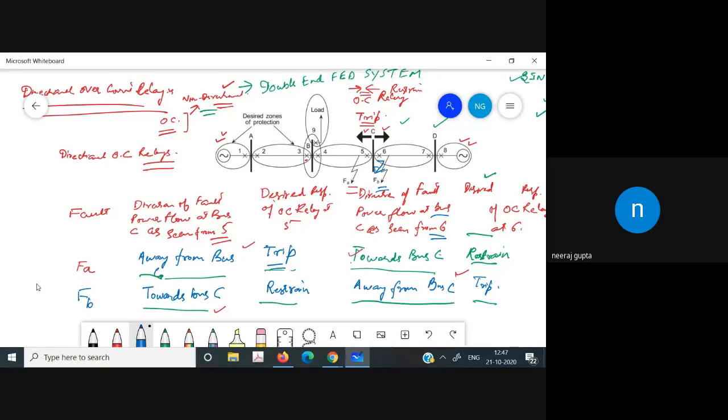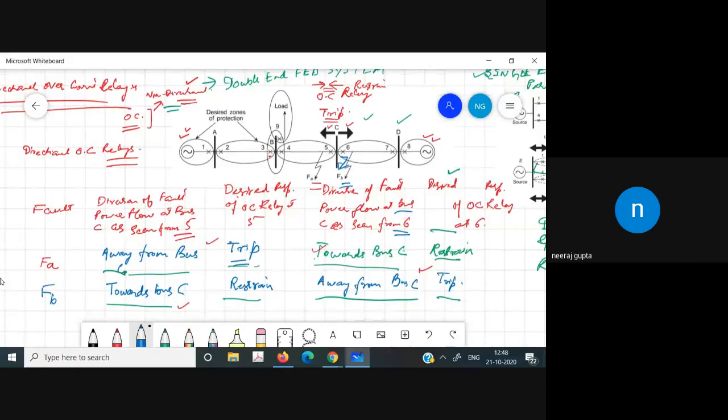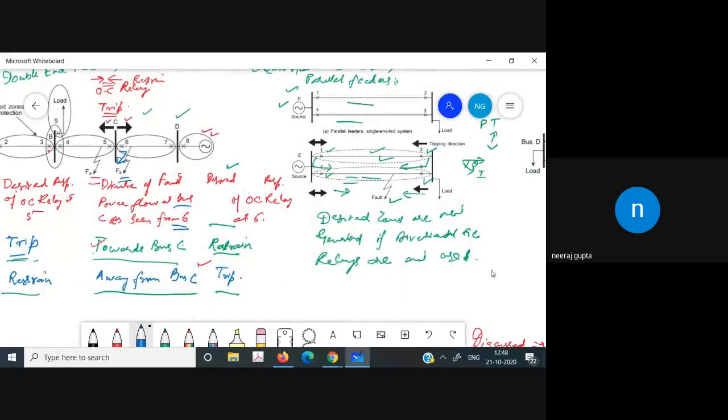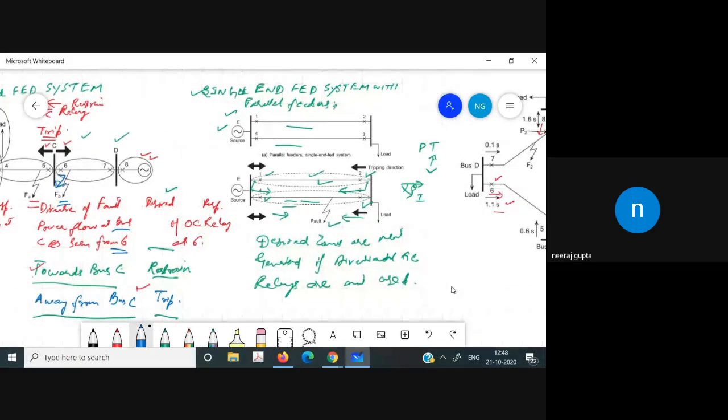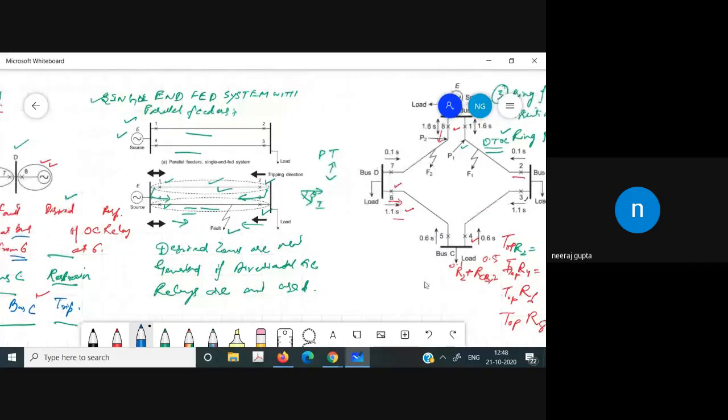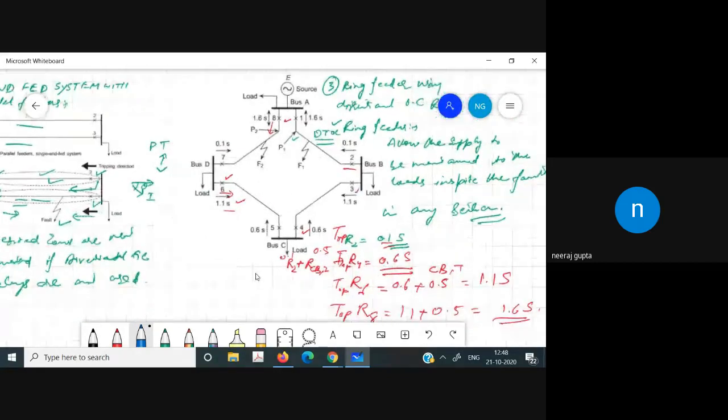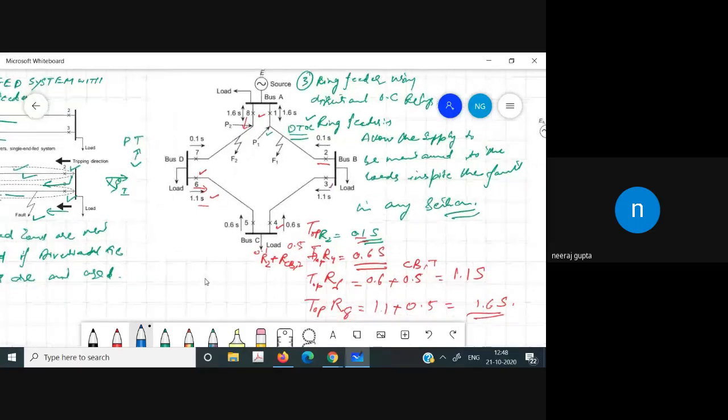Now, this is for the double end fed system. Then we discussed the single end fed system with parallel feeders, where this type of relay, the directional overcurrent relay, can be used. And third, we have the ring feeder, in which the directional overcurrent relay is used.